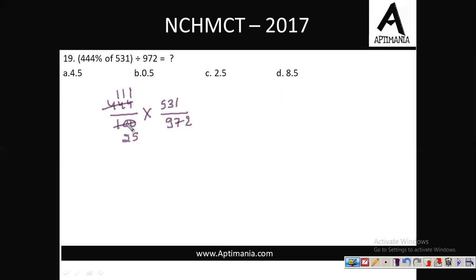Approximation में ले जाएं तो this will become 110. अब 5 से कट करते हैं तो this will be 5 and this will be 22 times. ठीक है. अब आप देखेंगे कि यहाँ पर जो आंसर आएगा, इसको भी एक बार कट कर लेते हैं. This is approximately 106. So जो हमारा पार्ट बचा है that is 22 into 106 over 972.